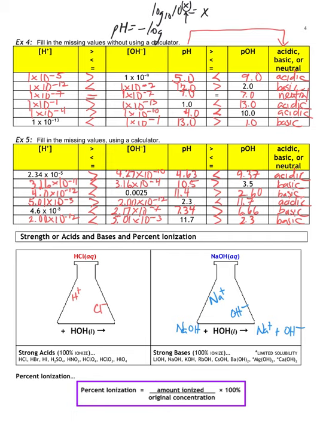Likewise, this strong acid, when you write the reaction, is going to look like this, HCl, and it's going to completely ionize all of it. So you're going to form H3O plus and Cl minus. If you want to write it without the water, you just would say HCl forming H plus ions and Cl minus.